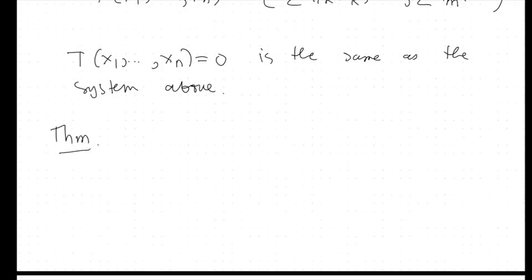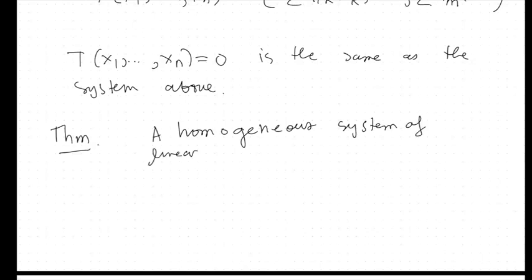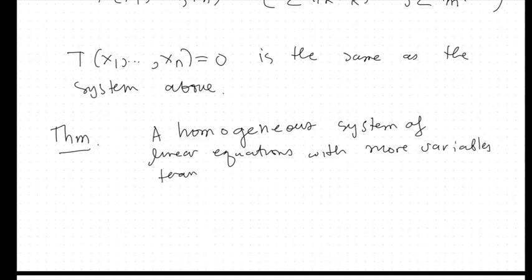This is a familiar theorem from before if you have taken a course in basic linear algebra, matrices and operations. A homogeneous system of linear equations with more variables than equations has non-zero solutions.